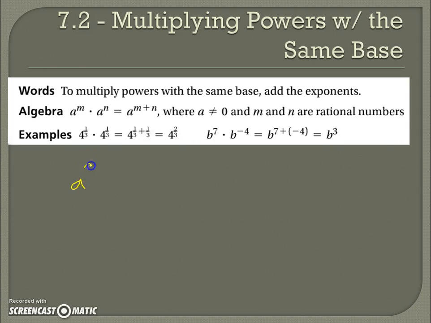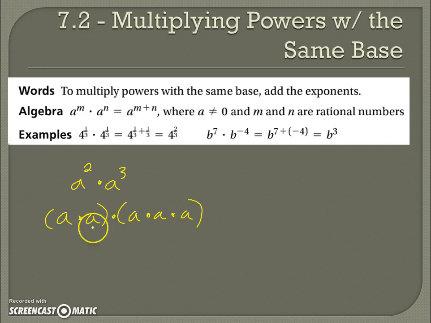If I have a squared times a to the third, a squared is the same thing as a times a. And if I'm multiplying that by a cubed, that is the same thing as a times a times a. The exponent tells you how many times a number is going to be a factor.